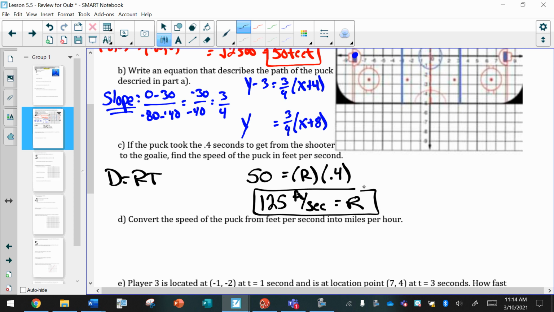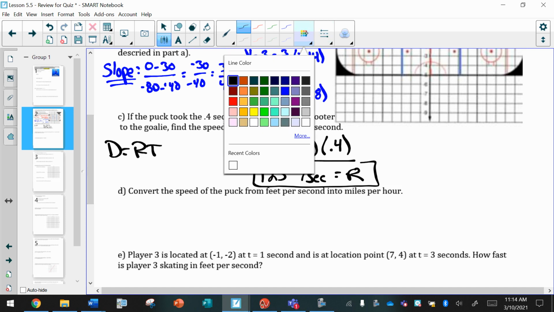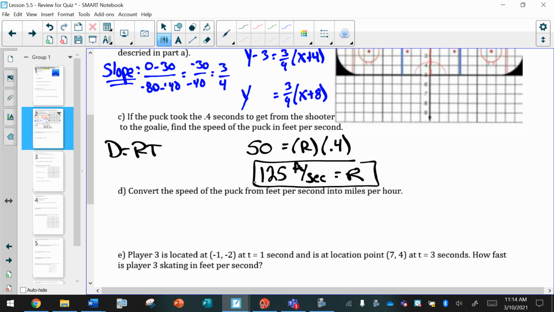And here's what I really wanted to get to. Convert the speed of the puck from feet per second into miles per hour. Now, depending on your comfort level with conversions will depend on how difficult you think this is. So I'm going to show you how to do it so you can do this moving forward in any question that I may pose to you, because you'll have to do this in other questions moving forward in this unit. What do we know so far?